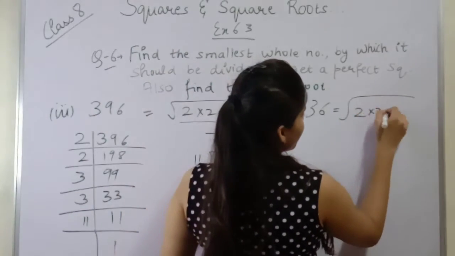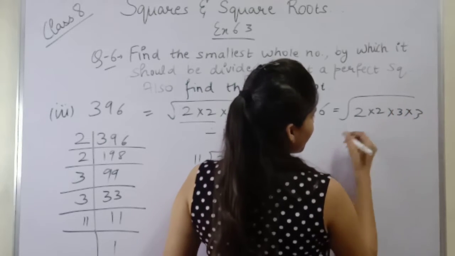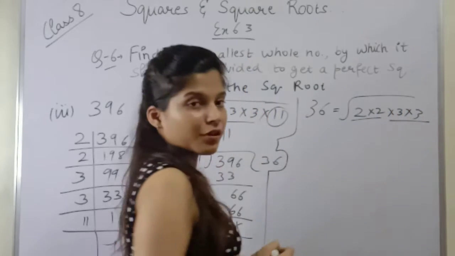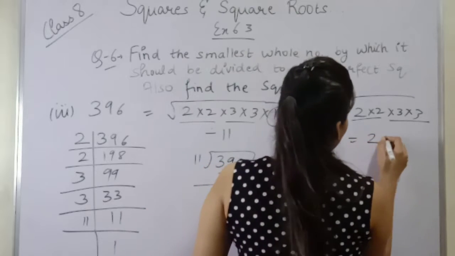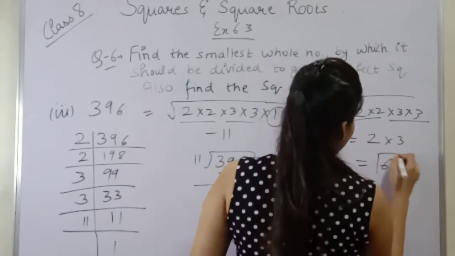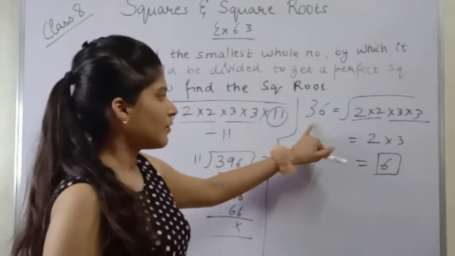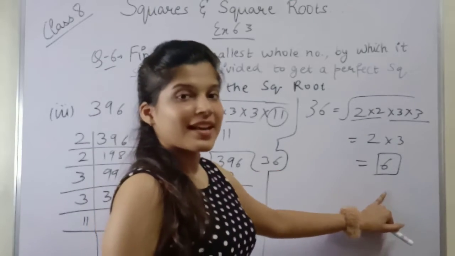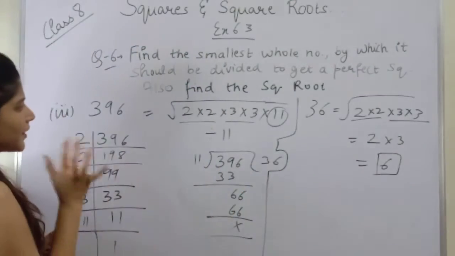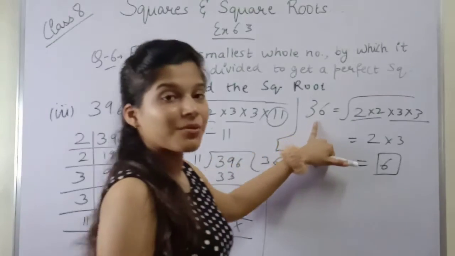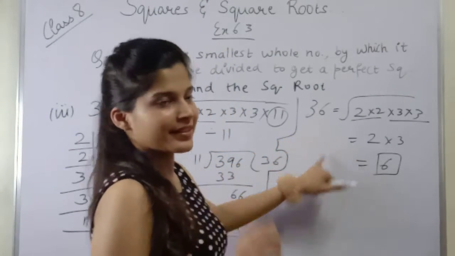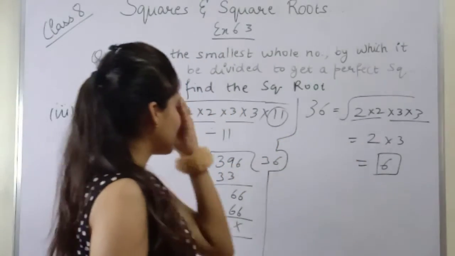Pairing also, one pair of 2, one pair of 3. So 2 into 3 will be 6. So it means that the square root of 36 is 6, and we got a perfect square after dividing. And the perfect square is 36. So this was our third part.